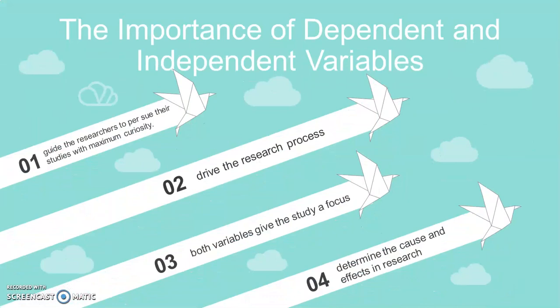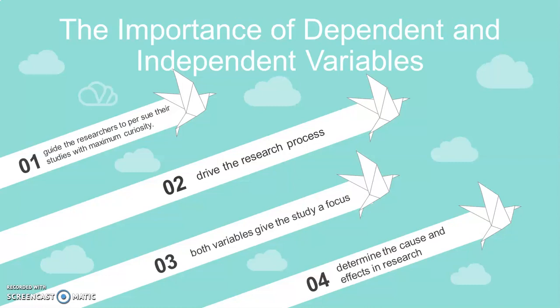Let's meet the last topic of this discussion, the importance of dependent and independent variable. First one is it guides the researchers to pursue their studies with maximum curiosity. Dependent and independent variables are important because it drives the research process too.